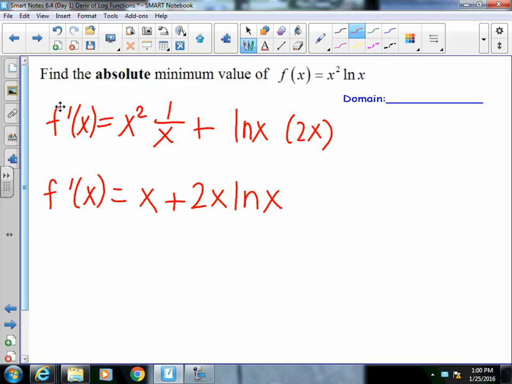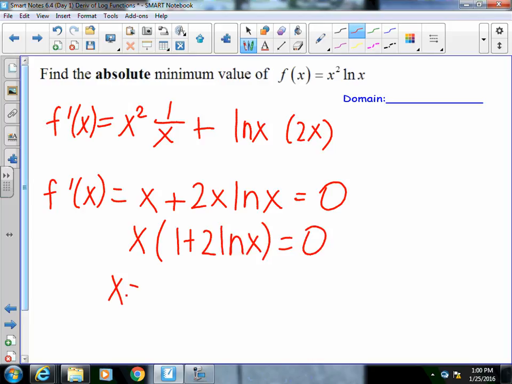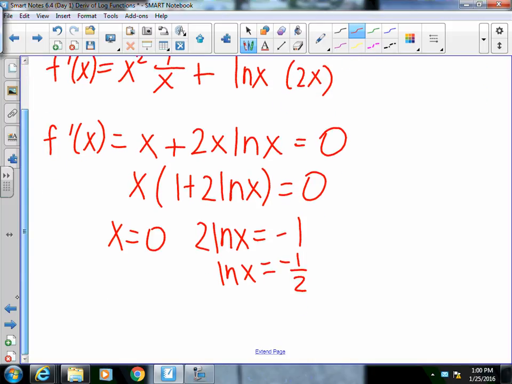So, when I set this equal to 0, I can factor out an x, and I find out that x equals 0, or 2 ln of x equals negative 1, so ln of x equals negative 1/2, and solving for x, x equals e to the negative 1/2, or 1 over radical e.